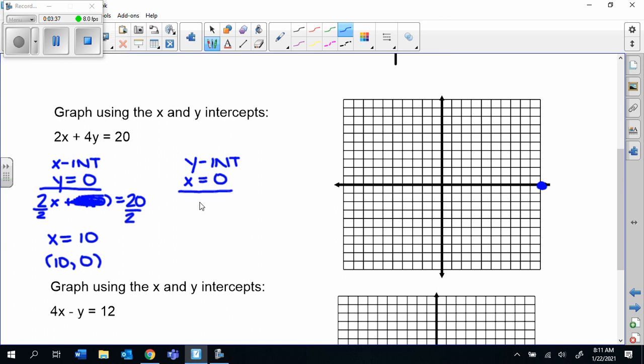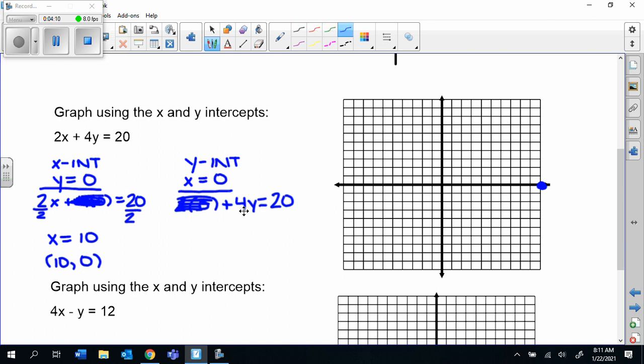Let's do the y-intercept. We're going to plug in x equals 0, so 2 times 0 plus 4y equals 20. So you know that piece is going to go away. With experience, you can kind of just go, all right, that part goes away, and then you kind of think, okay, this part goes away. You can kind of just even put your finger over that part of the graph, and there's lots of ways to do this relatively quickly.